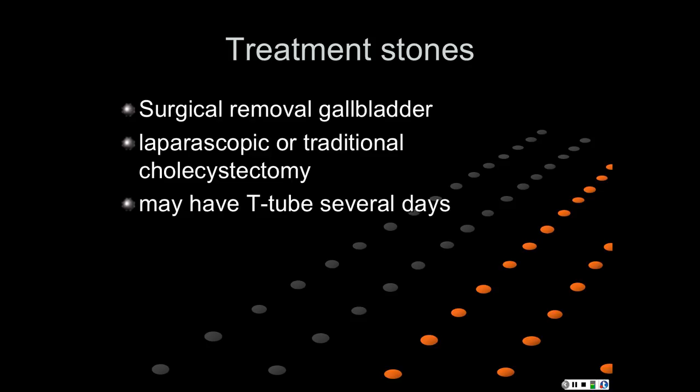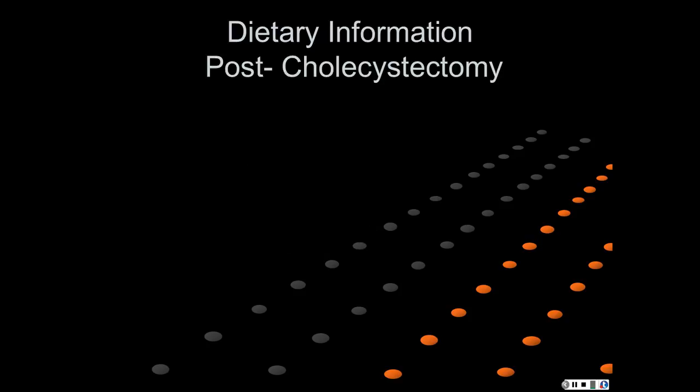Once the gallbladder is removed, it's going to direct the bile straight from the liver to the duodenum. They can still do lithotripsy. Like we said, they use shock waves to break the stone down into smaller pieces.